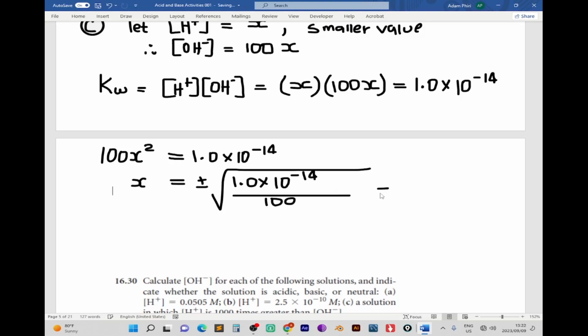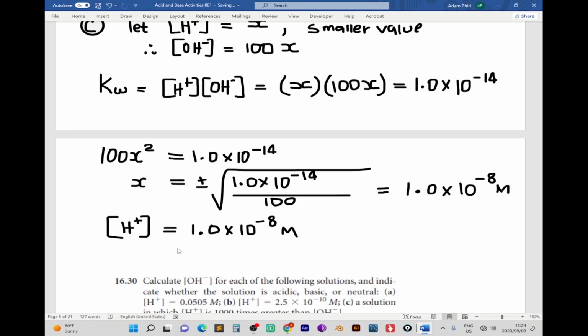Rooting that will give us 1.0 multiplied by 10 to the power negative 8. So once again, you can see that the molarity of the acid is less than 1.0 multiplied by 10 to the power negative 7.